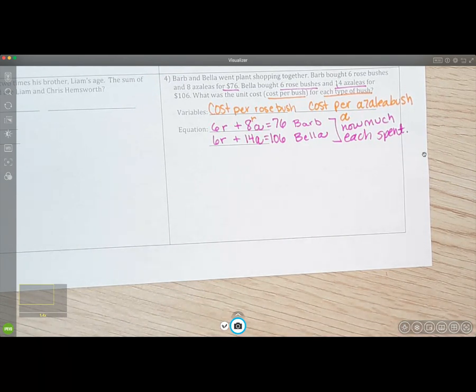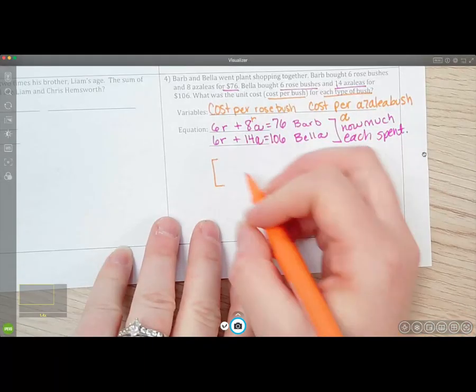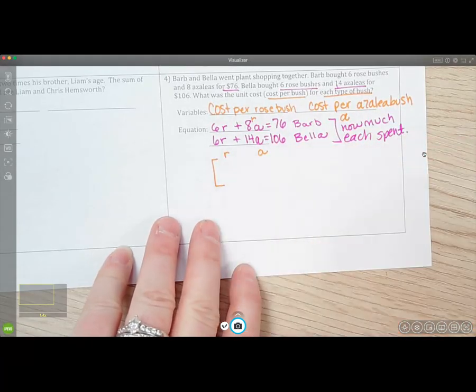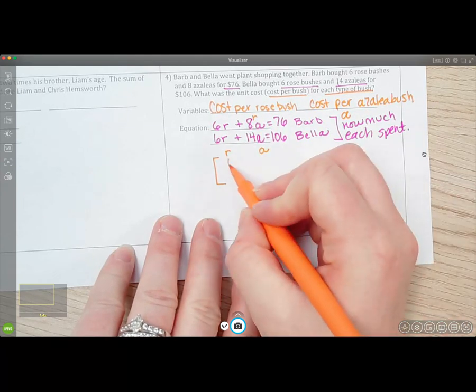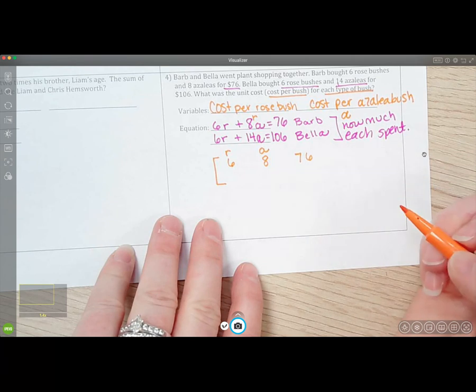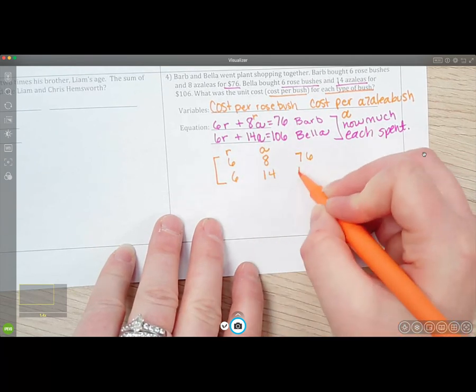So now that we have our system, you can easily write your matrix. So I'm going to do R and A because that's how it's written. So 6, 8, 76. And 6, 14, 106.